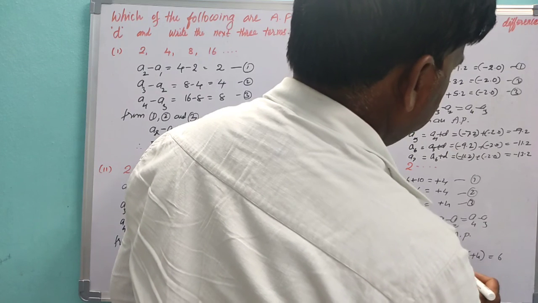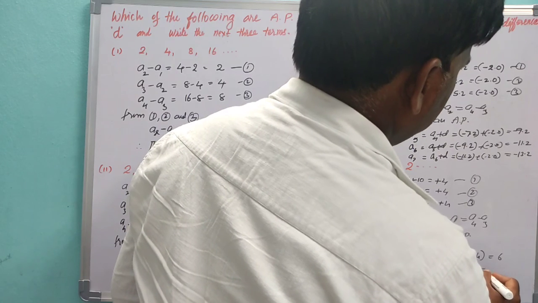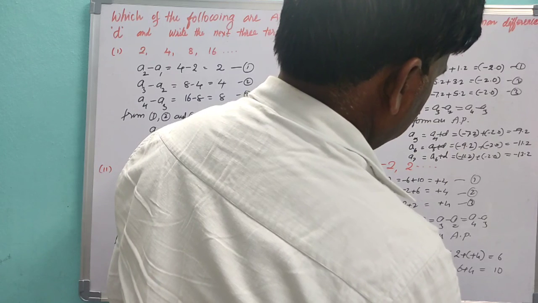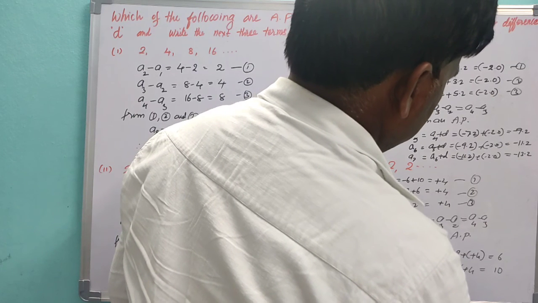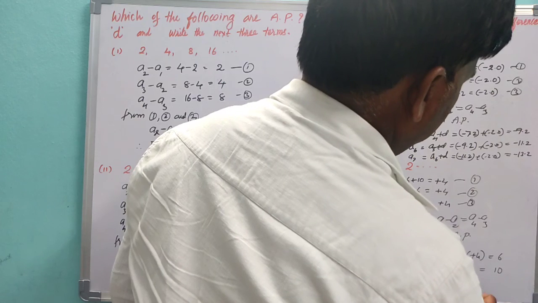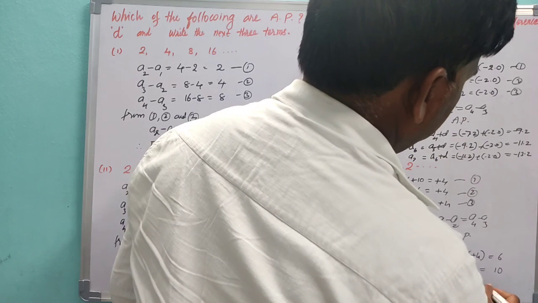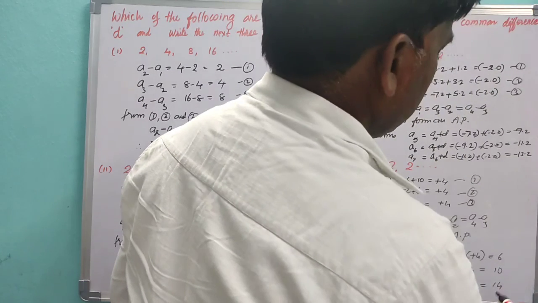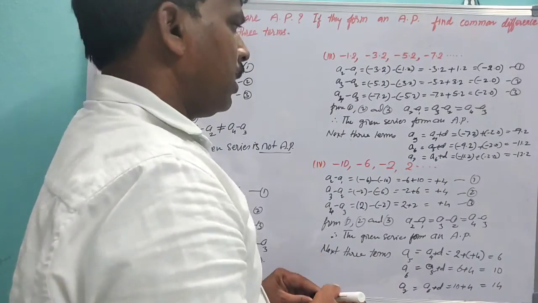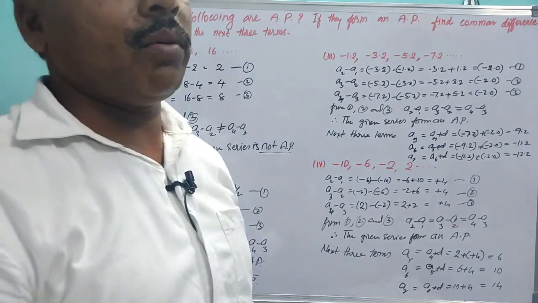So the fifth term is 6 and the common difference is 4, which is equal to 10. And the seventh term is equal to the sixth term plus the common difference. So the sixth term is 10 and the common difference is 4, which is equal to 14. So these are the next three terms of this arithmetic progression. Okay, so in this way we can solve the problems very easily.